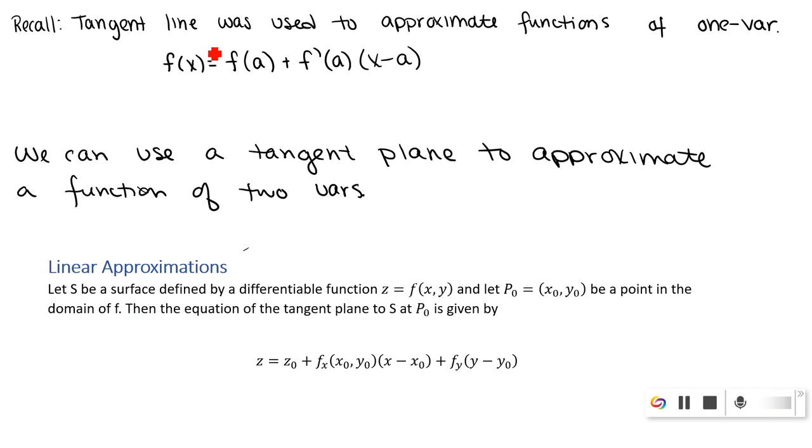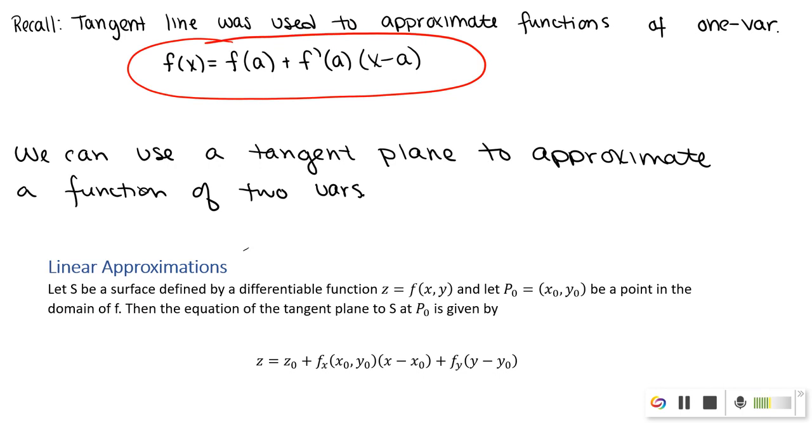So when you learned about tangent lines as linear approximations, you might have seen this formula that I have circled in red, that we can approximate our function with our tangent line, which is given by the equation f of x equals f of a, which is our y0, plus our derivative, which was our slope, times x minus a, which was our x0 or x point. So that was our equation of our tangent line.